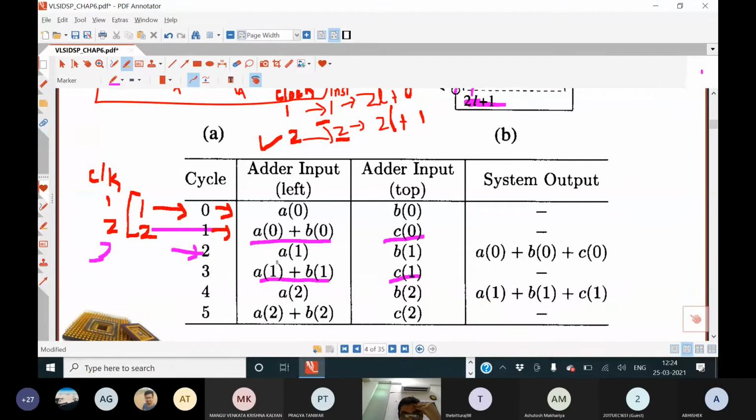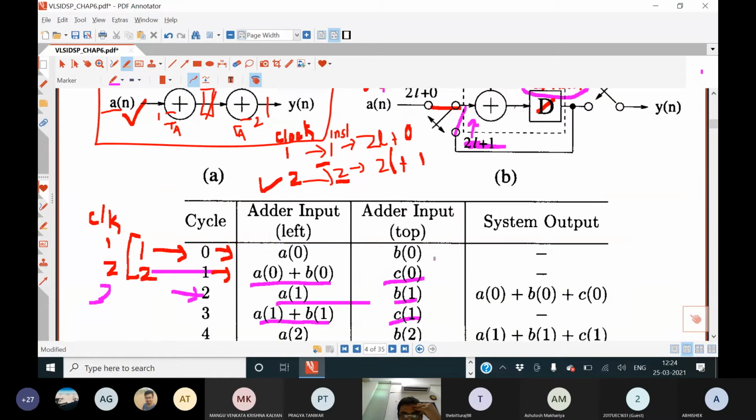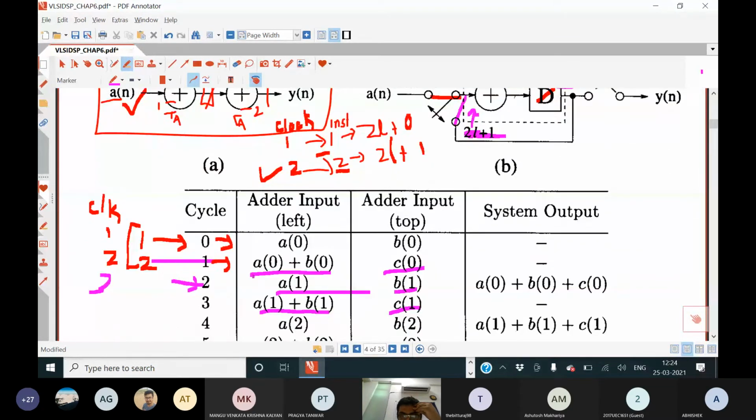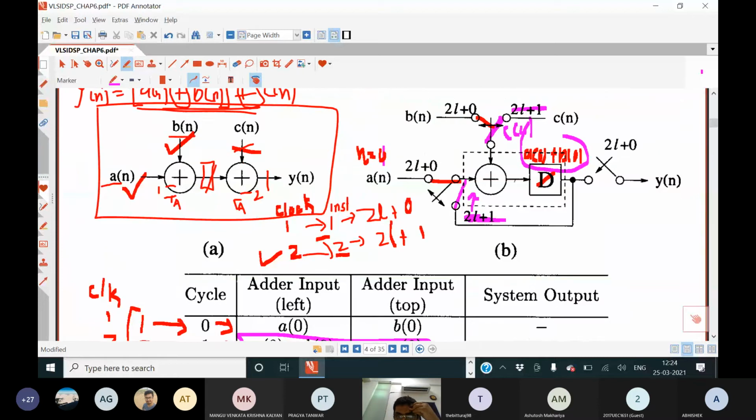So when A1 and B1 are applied over here, at that time, whatever output was generated in the previous clock cycle, that is A0 plus B0 plus C0, the output of the second instance, will be stored over here, and that will be latched at Y of 0.